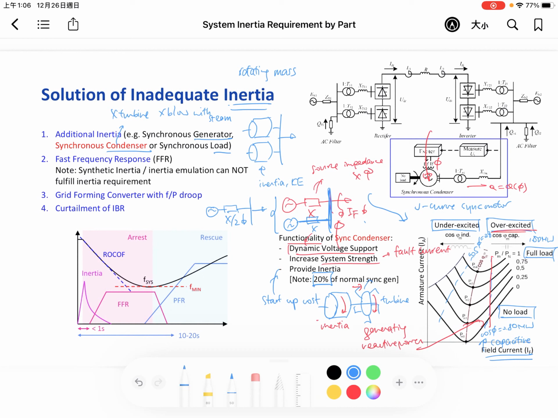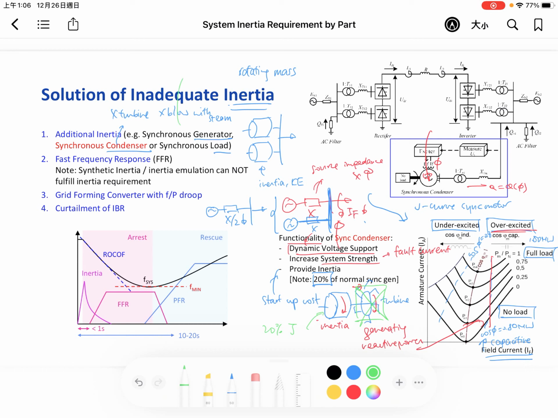But now it is often that the turbine is removed and hence there is only 20% of the J left, and hence the system inertia is actually reduced if we put a synchronous condenser instead of a synchronous generator.